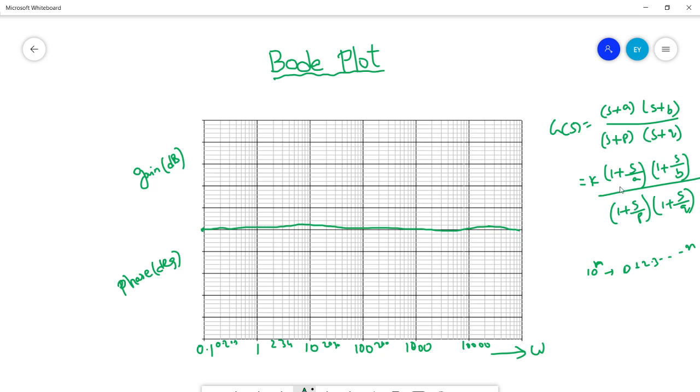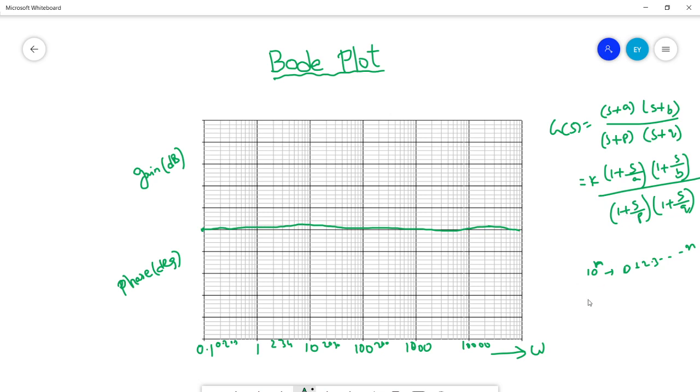Once the transfer function is converted into the standard form, what we need to do is check for poles at the origin. If there is any pole at the origin, then you have to take the origin slope. A pole is a denominator factor.